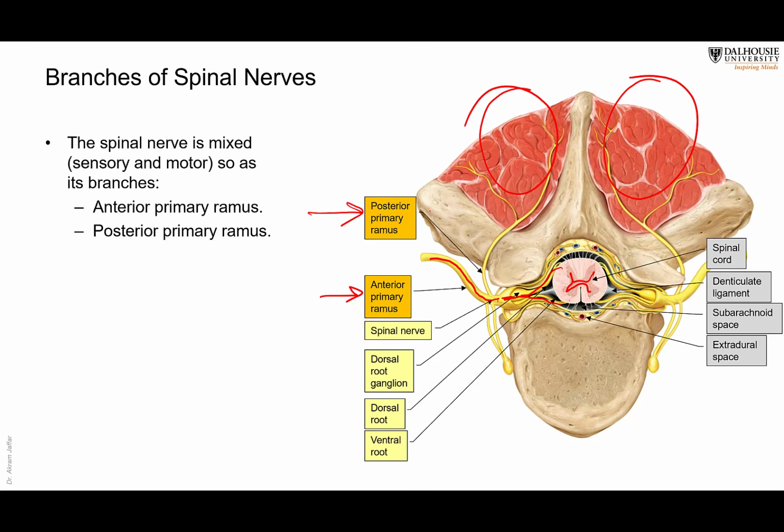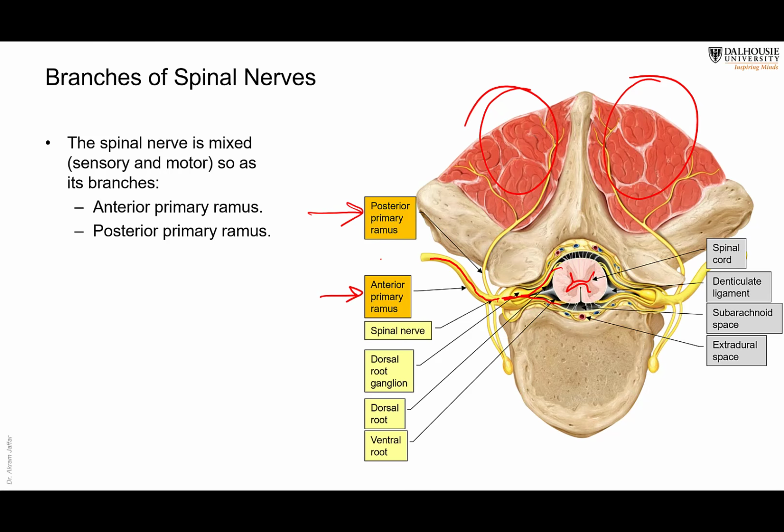So these are the muscles that are supplied by the posterior ramus of the spinal nerve, while the anterior ramus is much thicker because it's going to supply all the structures that are present in the lateral and anterior part of the trunk, as well as the limbs, which are derivatives of the trunk. So they are supplied by anterior primary rami of spinal nerves.